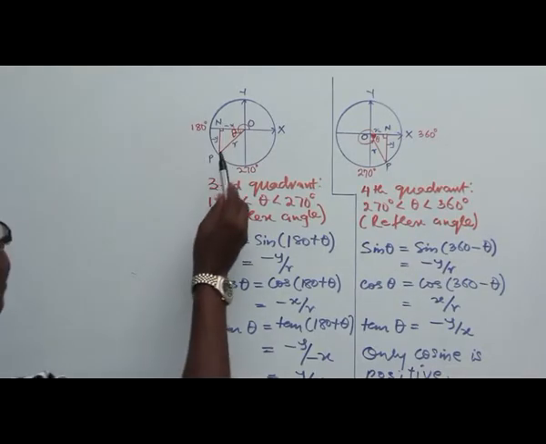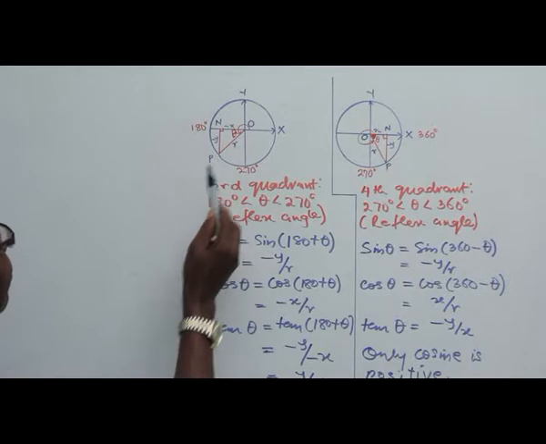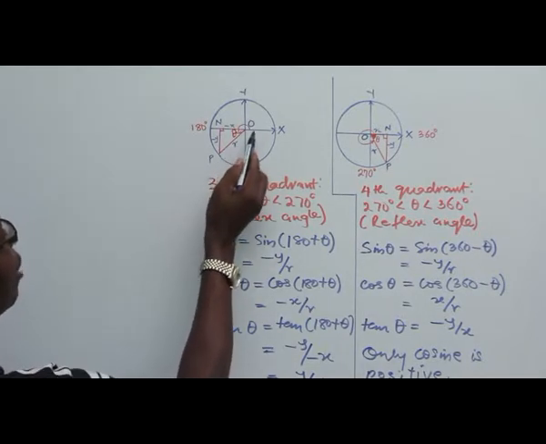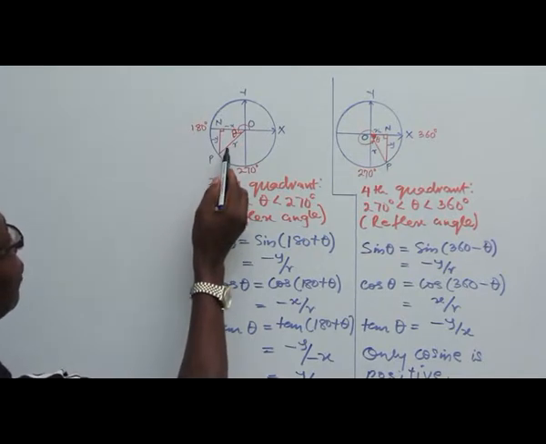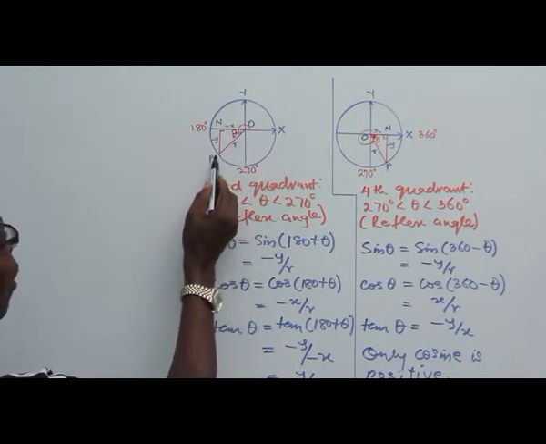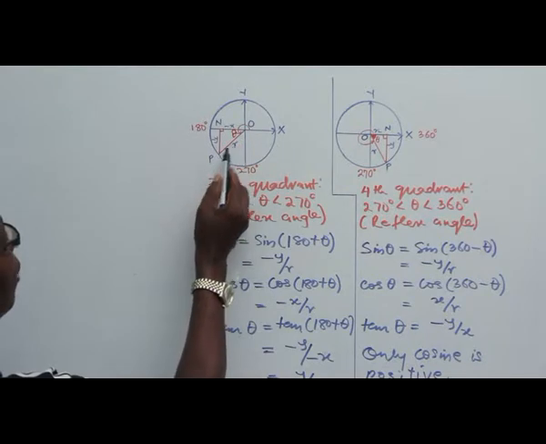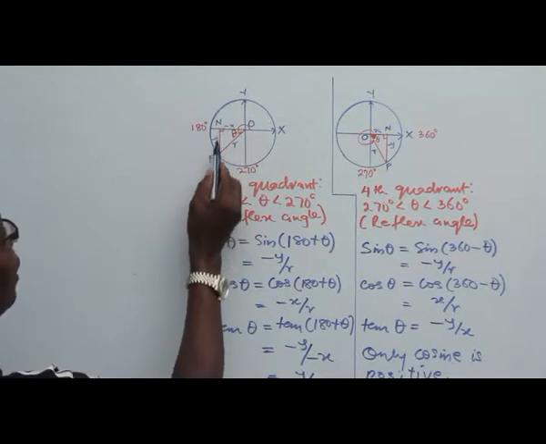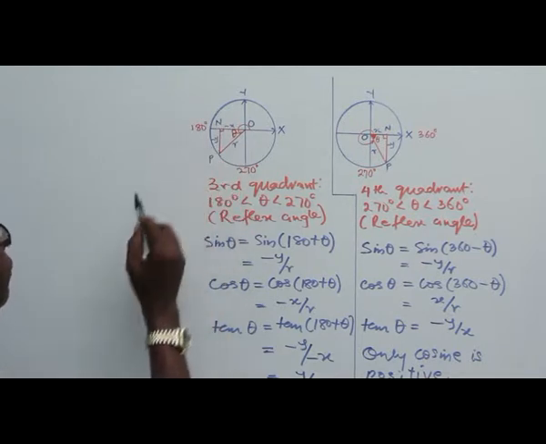Let us now consider the third quadrant. This time around, our OP has rotated to the third quadrant. The representation remains the same. The radius is the same. From O to N is minus x, and from N to P is minus y.